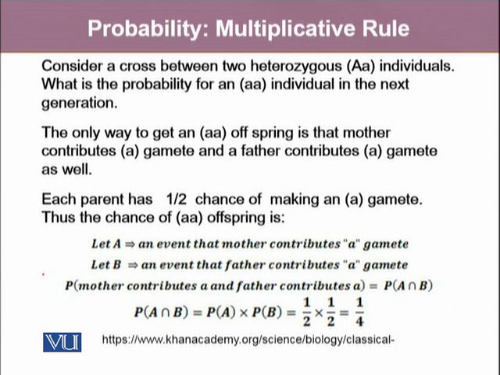The reason we are just taking the product of these two events is that events A and B are both independent events, and there is no dependence between getting a from the father and a from the mother.